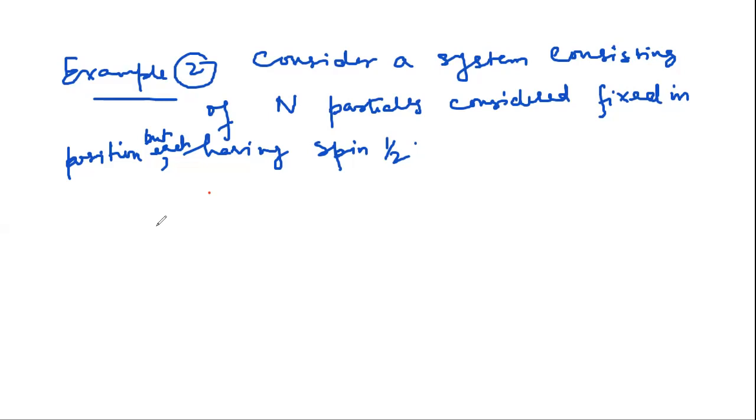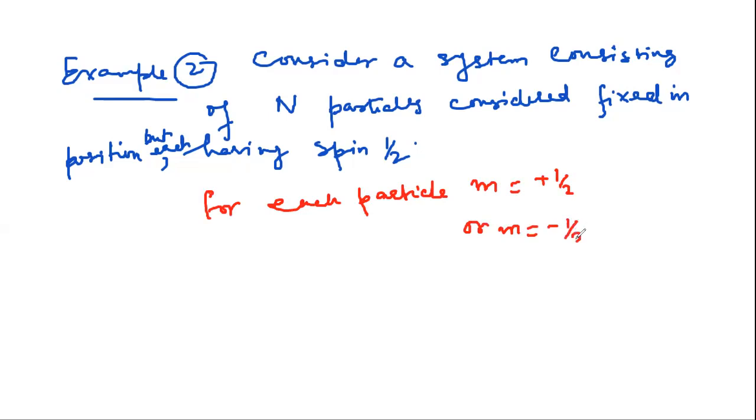Now the quantum number m of each particle can then assume two values, half or minus half. So for each particle, m can be plus half or minus half.